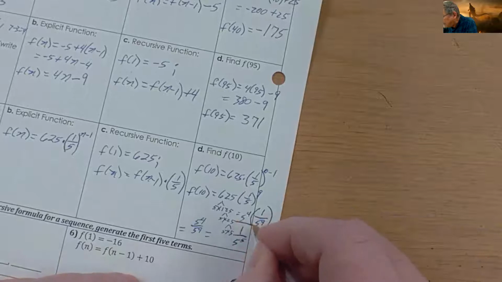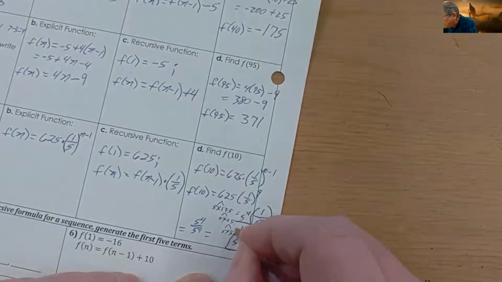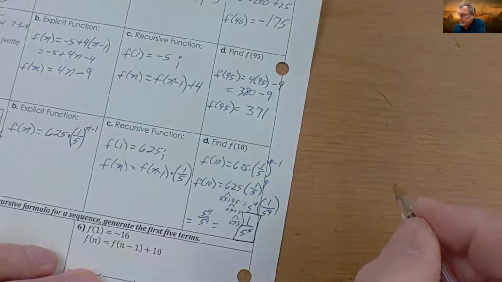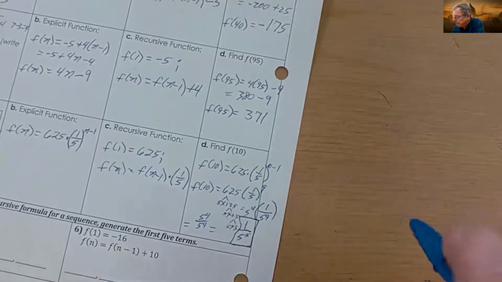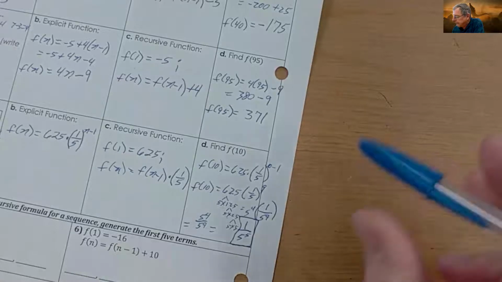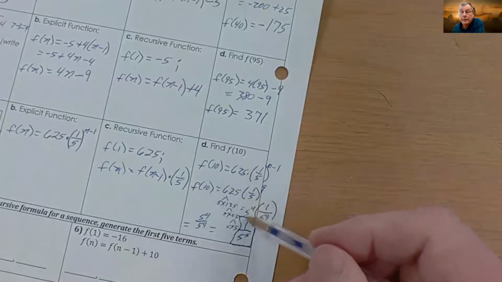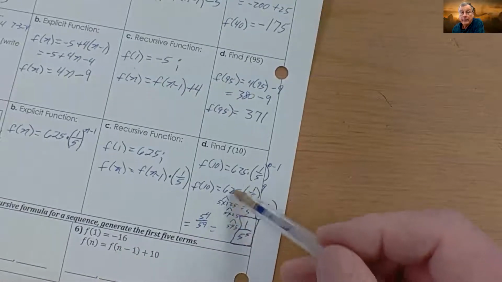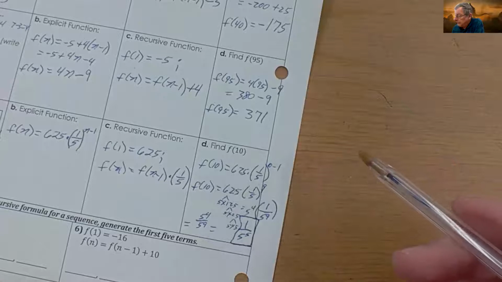And that would be my answer. 1 over 5 to the 5th. Now, we did this kind of thing in 8th grade. This is something you should be able to do, to simplify like this.